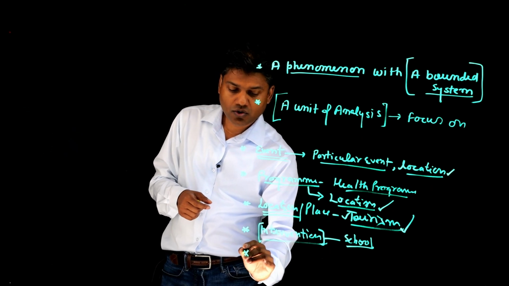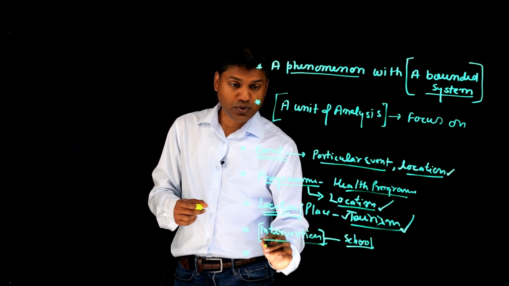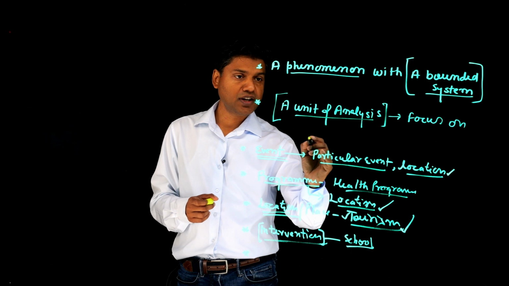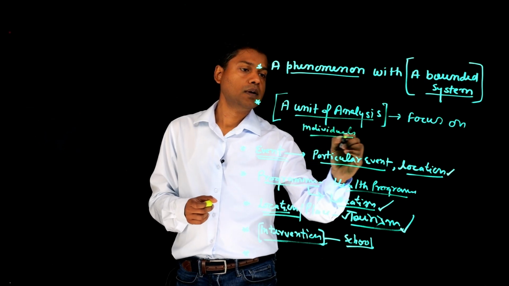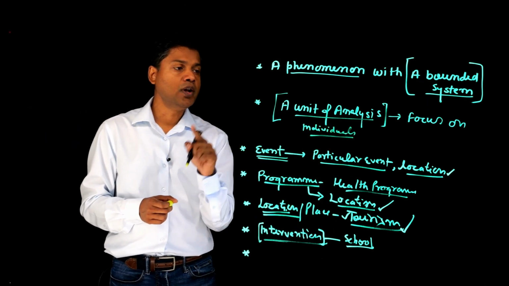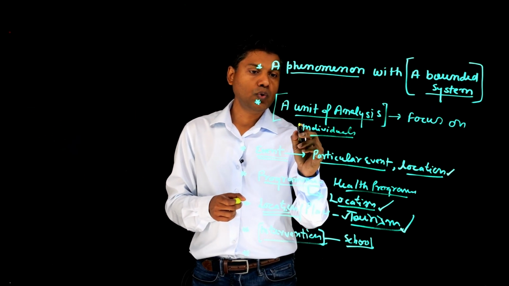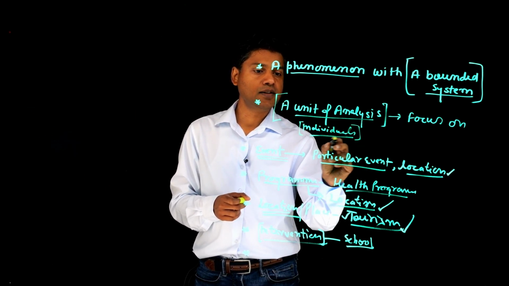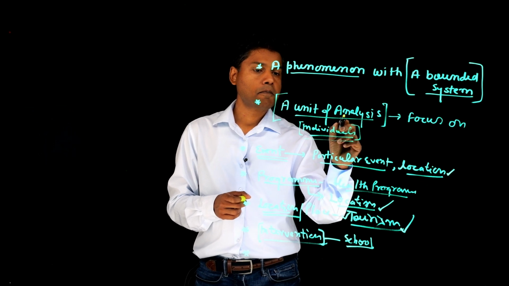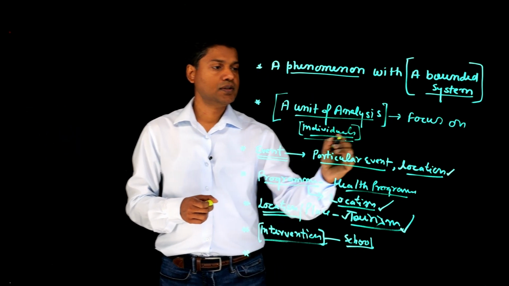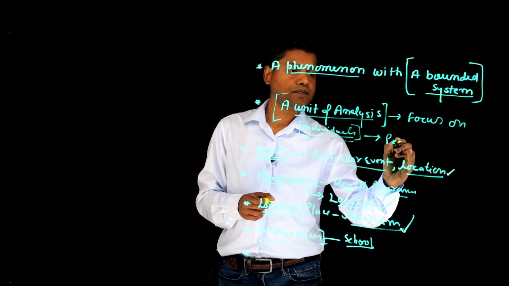In a case study, sometimes the unit of analysis is focused on individuals. And you can focus on one individual or multiple individuals who are your unit of analysis. And the bounding is the people here.